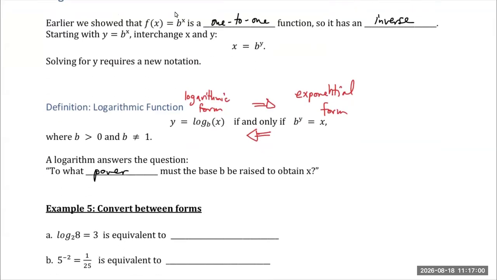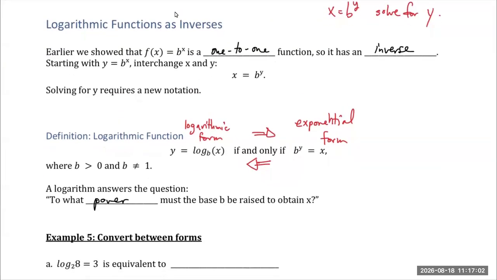So maybe I'll show you a simple example off to the side over here. So let's say that I have something like y is equal to log base 2 of 8. Okay.